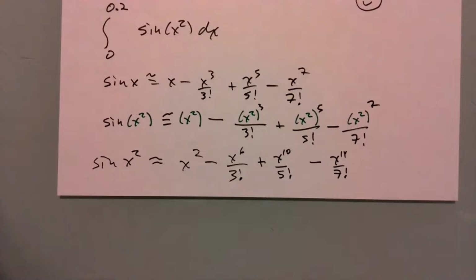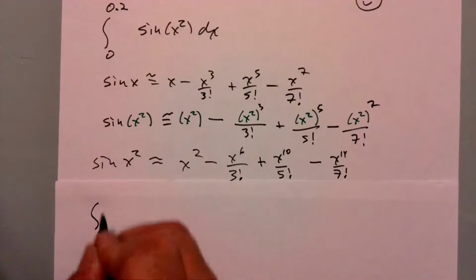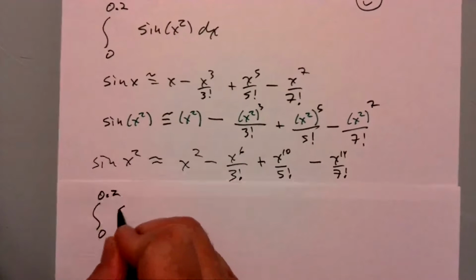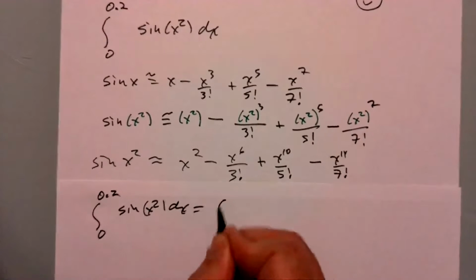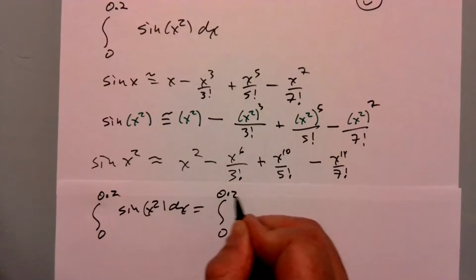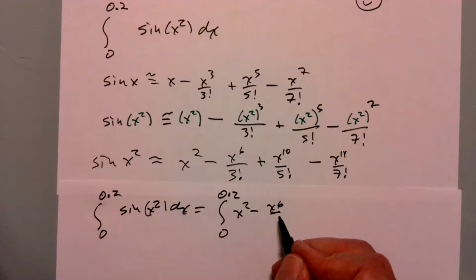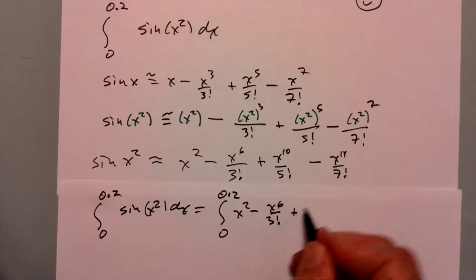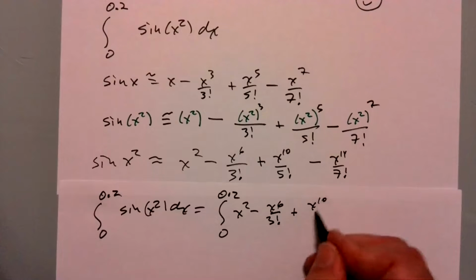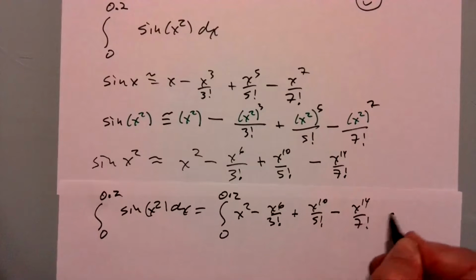Integrate from 0 to 0.2 of sine of x squared dx is the integral from 0 to 0.2 of all this stuff. x squared minus x to the 6th over 3 factorial. Going to get ugly? You think so? Yeah, maybe. Plus x to the 10th over 5 factorial minus x to the 14th over 7 factorial dx.